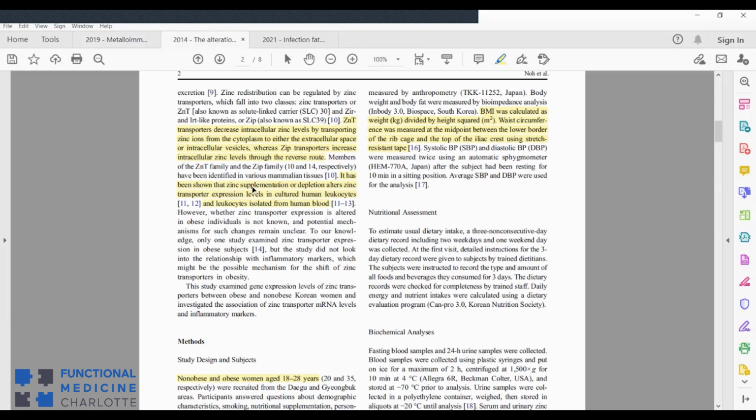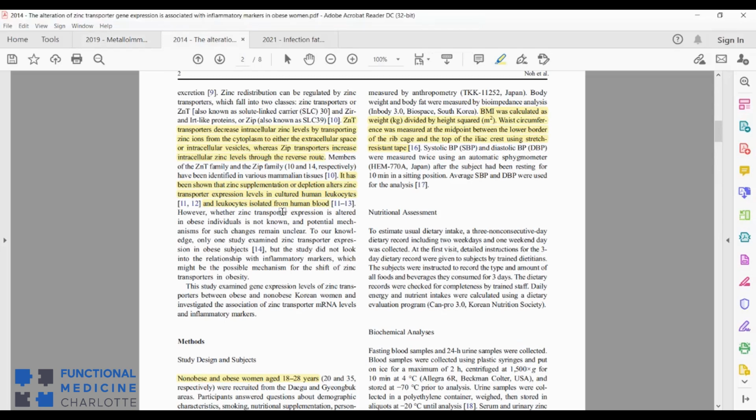It has been shown that zinc supplementation or depletion alters zinc transporter expression levels in cultured human white blood cells and in white blood cells isolated from human blood. So if you're depleted, that impacts zinc transporter expression, and if you supplement, that impacts it. So great, we can take a supplement and improve our immune system.